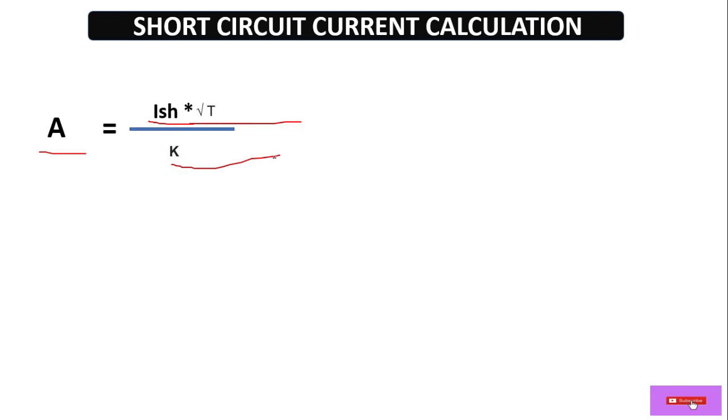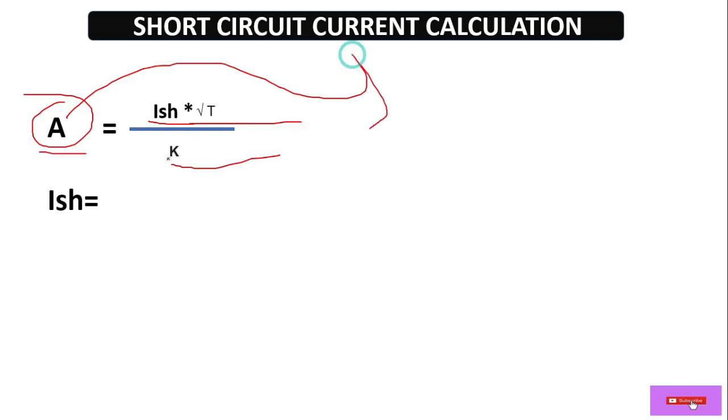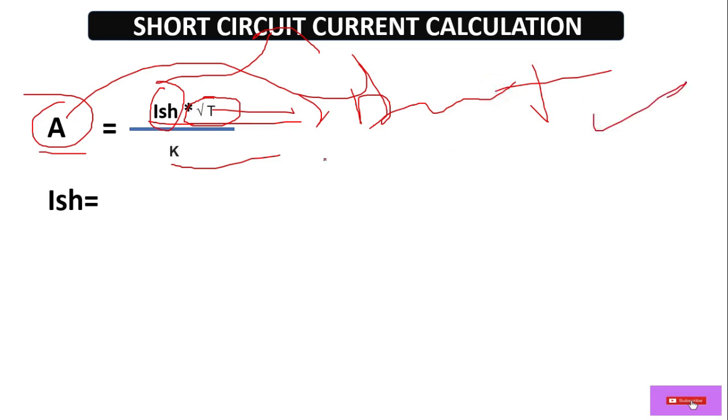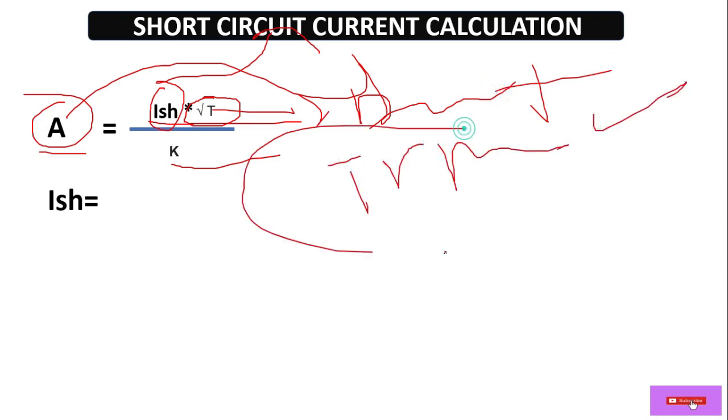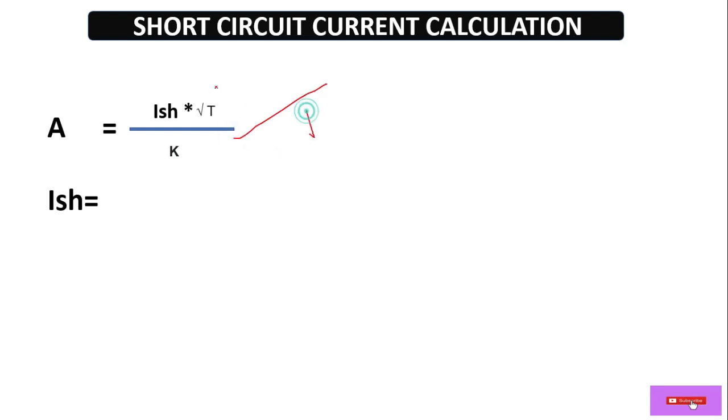Here we have a formula: A equals Is times square root of t, divided by K. Where A is the cross sectional area of the cable, Is is the short circuit current or fault current, and t is the duration of time, meaning the tripping time of the breaker, or fault clearing time.